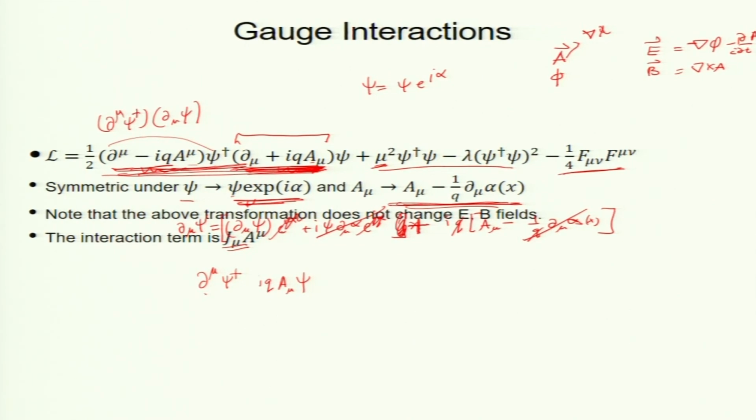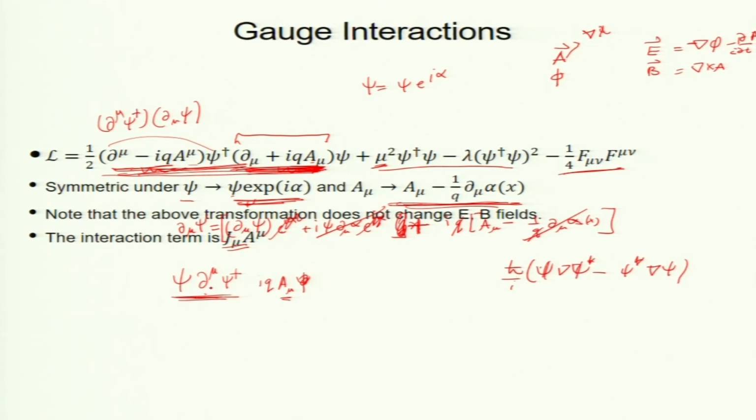So, what is this object? Psi del mu psi dagger multiplied by A mu. What is this term? This is the current, no? Well, I have to add the complex conjugate, psi grad. So, what is the current in quantum mechanics? Psi grad psi star minus psi star grad psi, well, there is an i h bar or something.